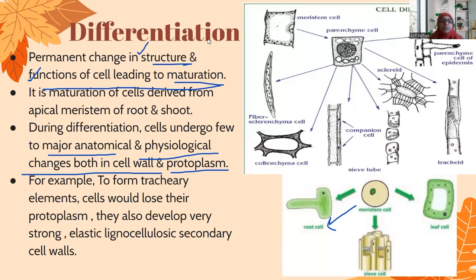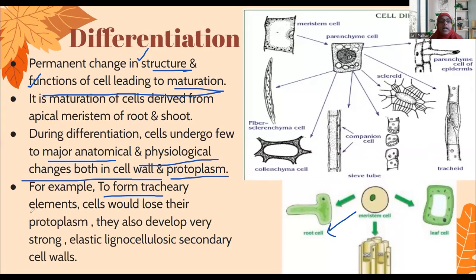For example, to form tracheary elements, cells would lose their protoplasm. When meristematic cells become tracheary cells, which are part of the xylem, they also develop very strong, elastic, lignocellulosic secondary cell wall. These are the features that the tracheary cells take.